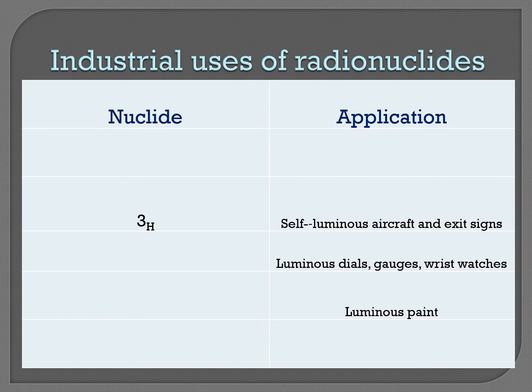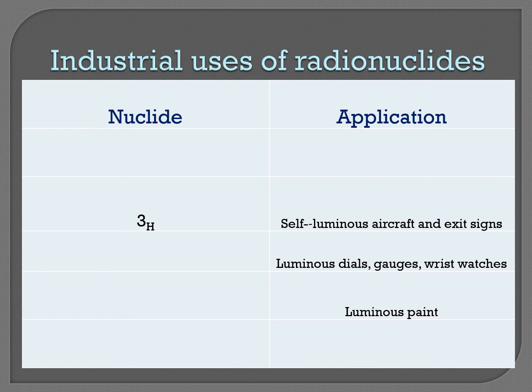First of all, here we have the tritium radionuclide H3, which is the isotope of hydrogen known as tritium, and its main applications are that it is used as a self luminous source in aircraft and exit signs. Just because of its reflecting ability, it can reflect and show a spark or luminous light, due to which it is used in exit signs.